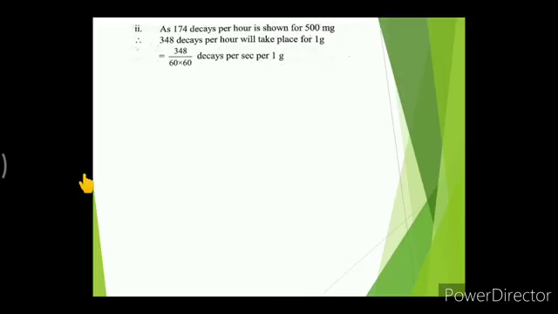Now next, let's determine the age of the specimen. As 174 decays per hour is shown for 500 milligram of carbon, hence here we can say that 348 decays per hour will take place for 1 gram.